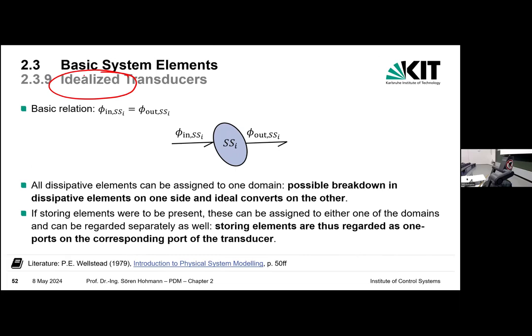But it's not part of the working principle of the transducer. This is something you have to understand, and you will see why when we see both worlds. And this does not mean that there are no storage elements at all, but they can be completely separated from the transducer working principle. That's the basic idea, and we will see that's something you already know, but without knowing that's the general principle behind.